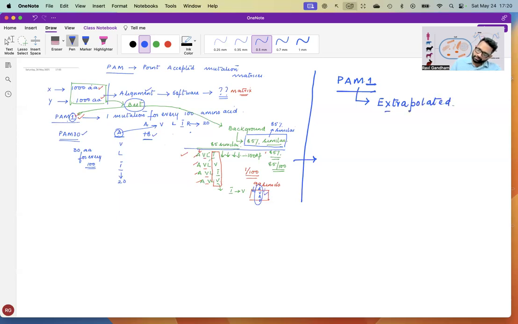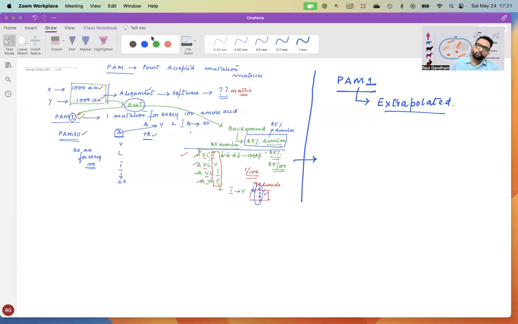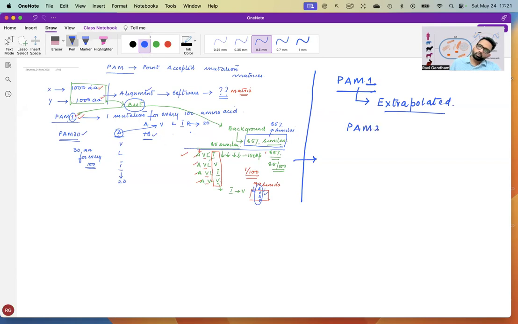For example, if you say it's a PAM2, what exactly is happening is, it's not again going back to those 85% similar sequences that were globally aligned and looking at chunks for 2 out of 100. It's only to make you understand that I told you it looks at 30 out of 100. Once it does PAM1, automatically PAM2 is extrapolated.